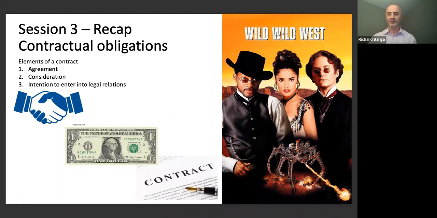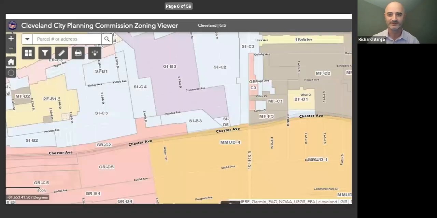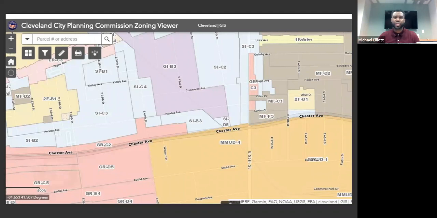We followed that up with information about the zoning laws around the city of Cleveland. These zoning laws help shape what developers and real estate investors can do, and it's a very important part of the process.